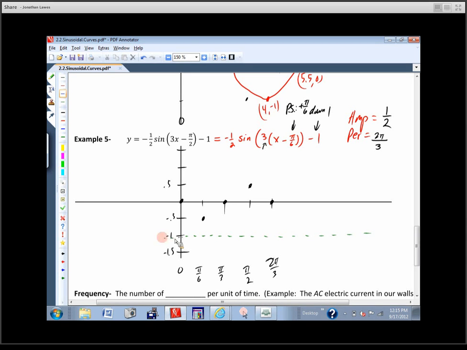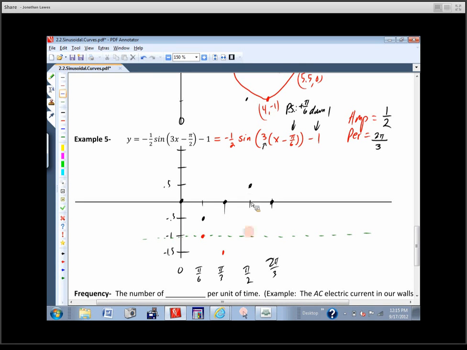And if I need to go on the other side, I will. I'm going to take every one of those points, and luckily, my phase shift is pi 6, and my scale is pi 6. So I'm going to take this, move it over pi 6 and down 1. Not one hatch mark, 1 unit, down to here. Over pi 6, down 1 unit.